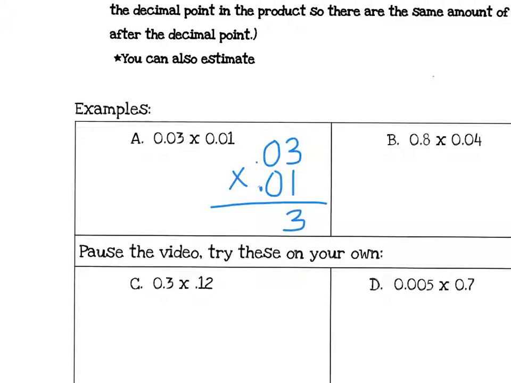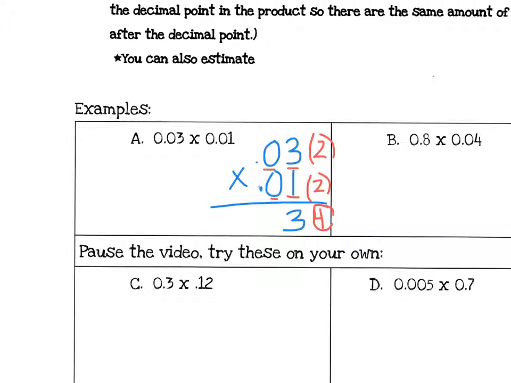And then for our decimal point, we want to look and see how many numbers there are after the decimal point in each one of the factors. So you see in our first factor, 0.03, there are 2 numbers after the decimal point. In 0.01, there are also 2 numbers after the decimal point. So that means in our product, we want 4 total numbers after the decimal point.